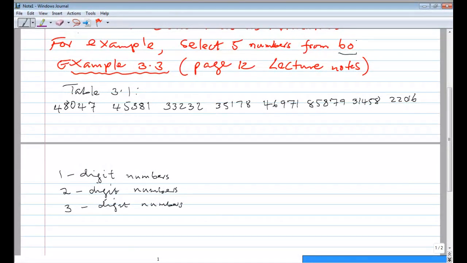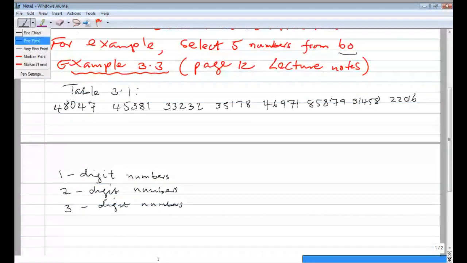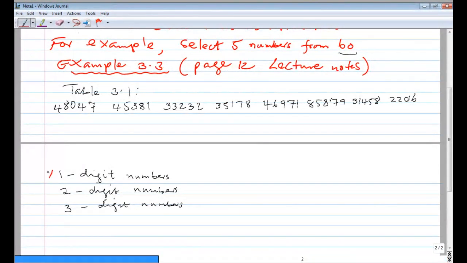Now, let's say we just want to select 5 numbers from 60 using 1-digit numbers. You're supposed to have a starting point. The starting point is very important in this regard. So let's say you just want to start with a 1-digit number.